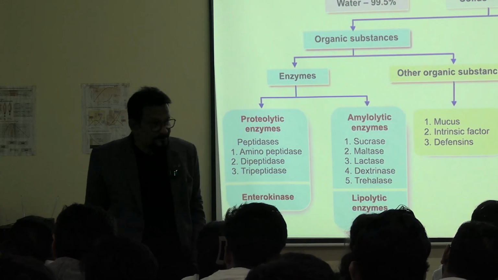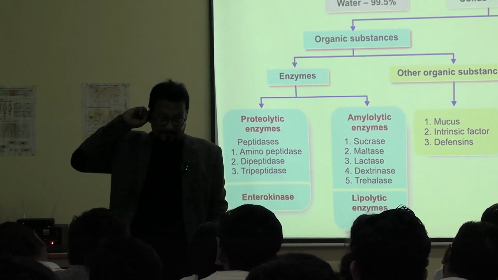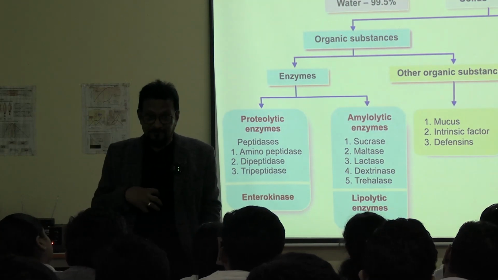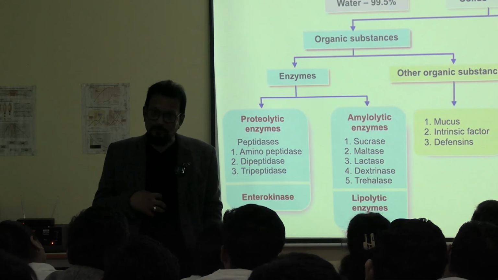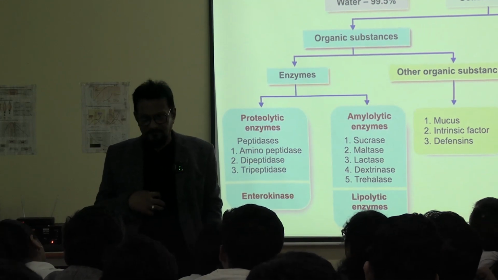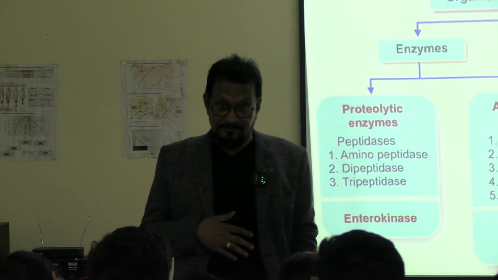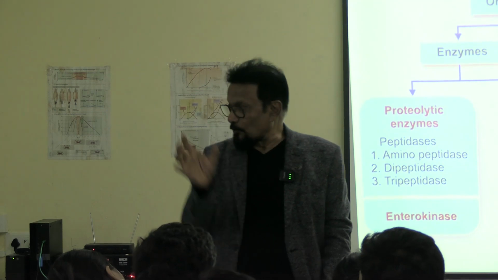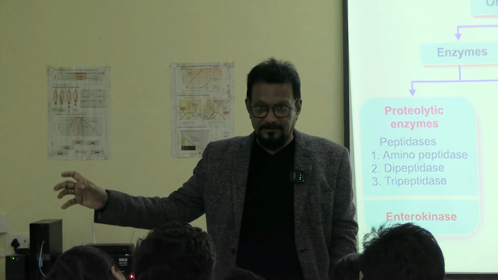Out of these amino acids, but remember, whatever protein you take through food, is it possible to digest all of it? No. Some part will remain undigested. Protein is classified as simple protein, conjugated protein, and derived protein.